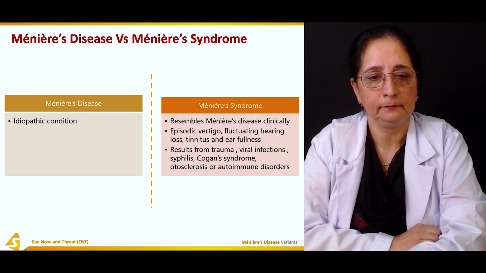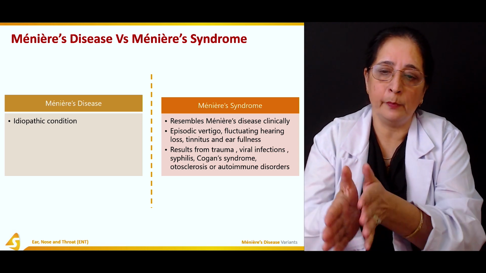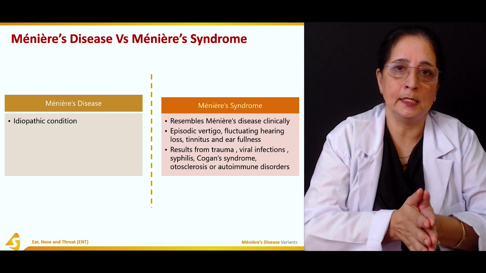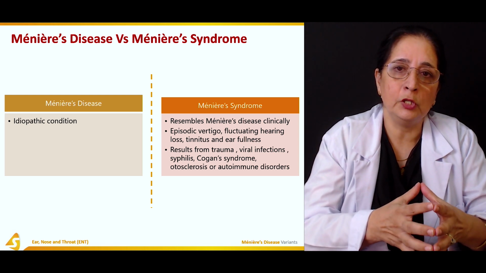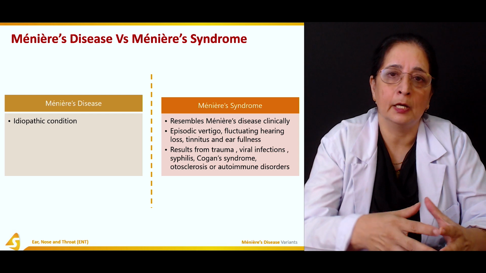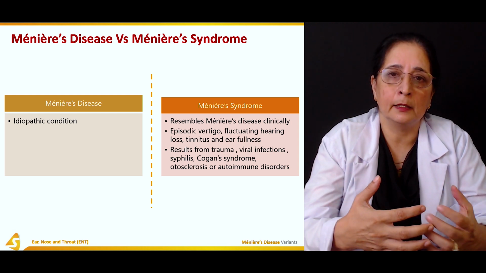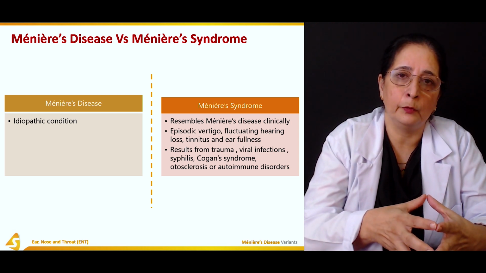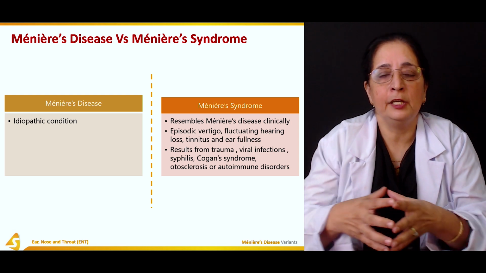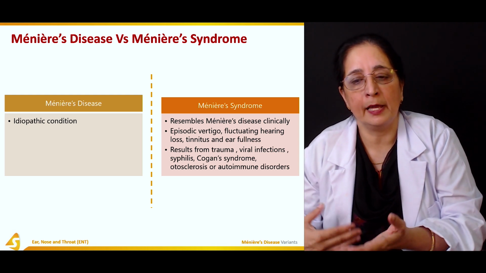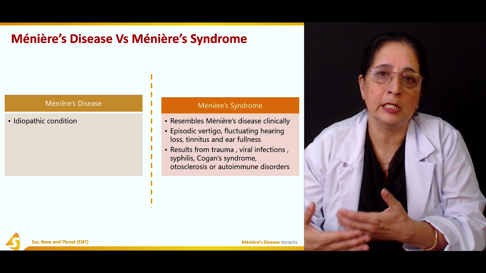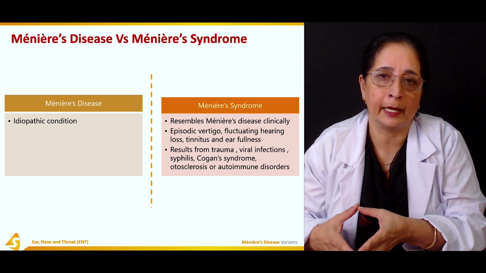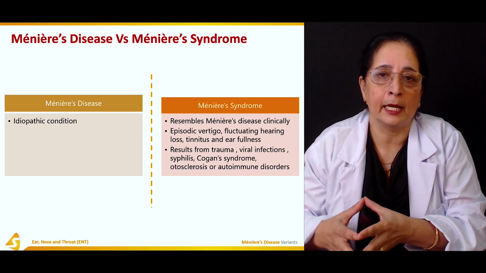As compared to Meniere syndrome, treatment of Meniere's disease is harder because we don't know the cause. If we know the cause, such as viral infection or trauma, and the underlying cause is treated, then the condition can improve.